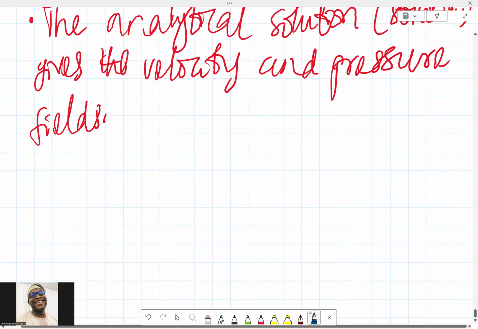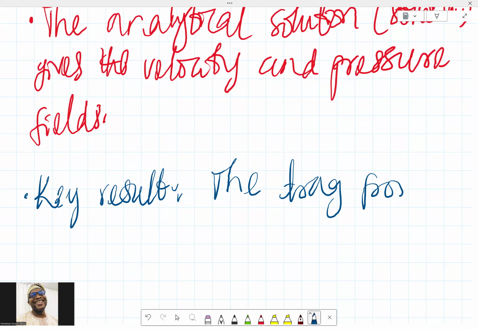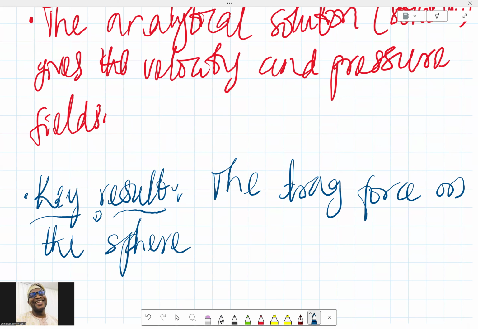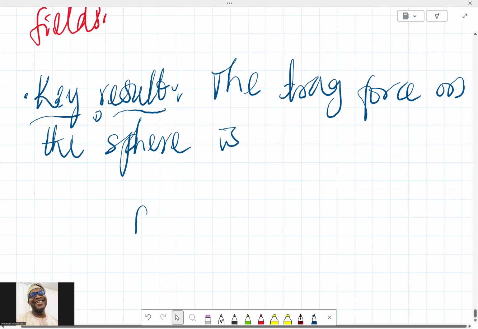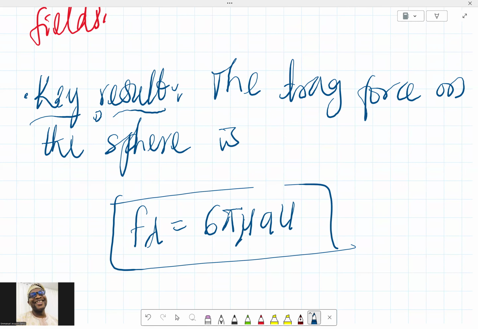The key result is that the drag force on the sphere is F_D equals 6 pi mu a U. U is the constant velocity we're given in the beginning. So this is what the drag force on the sphere ends up being.